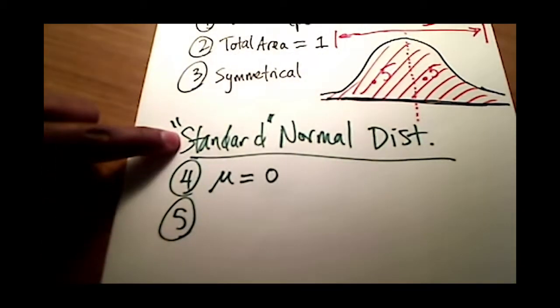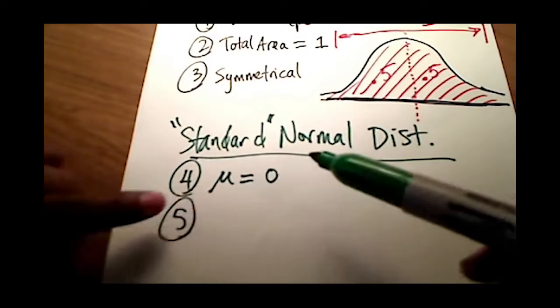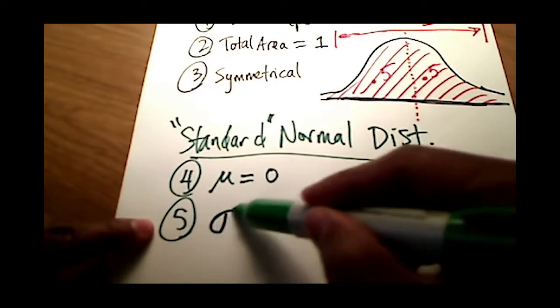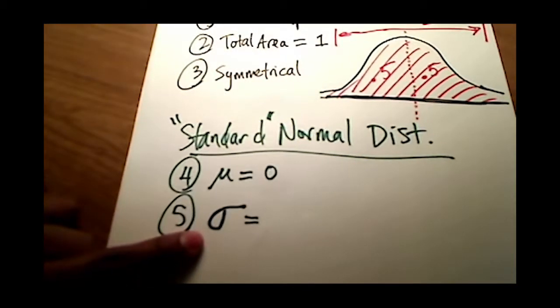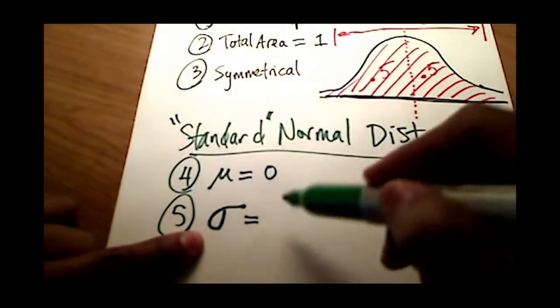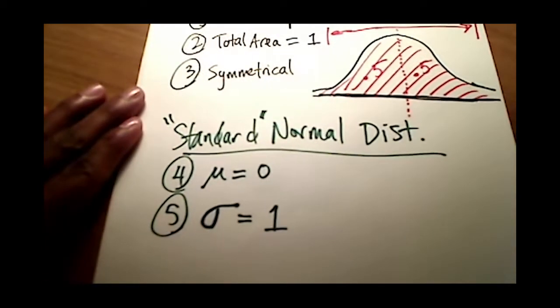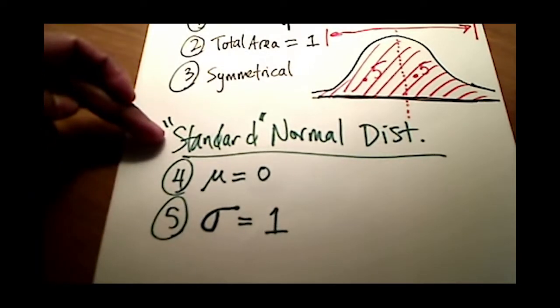All right, that's what standard means. Standard means that the mean, population mean, is 0. And the other thing that it means is that this Greek symbol sigma, which is a lowercase sigma, and that means population standard deviation, is automatically 1.